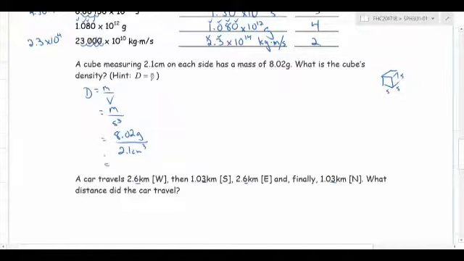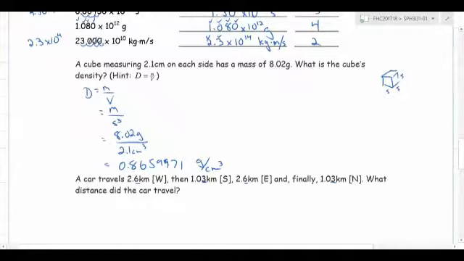And that works out to 0.865999971, something like that. And this will be grams per cubic centimeter.